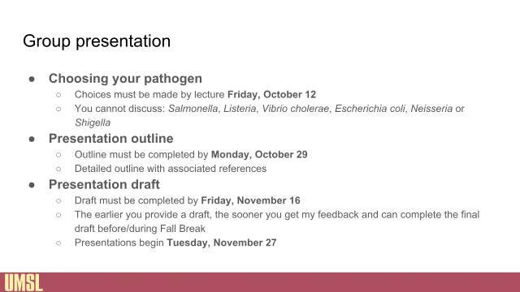Okay? So there's lots and lots of other pathogens. Remember, first day, I told you there's, let's say, like 100 important human bacterial pathogens. There's going to be like 10 groups in here. So I think you guys can manage to find some other pathogens other than these ones. I'm going to assign you your groups over the weekend. By October 12th, I think I've given you ample time to decide on a pathogen.